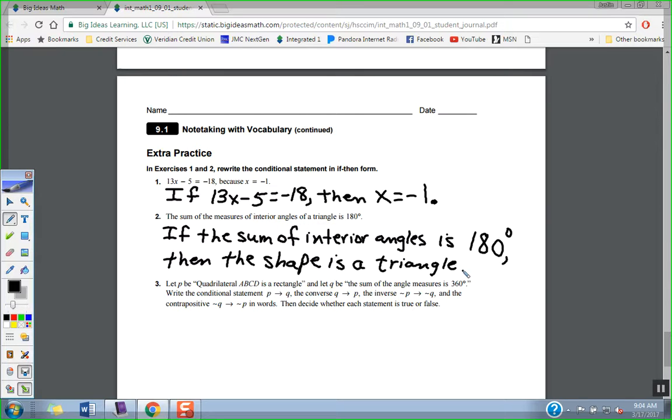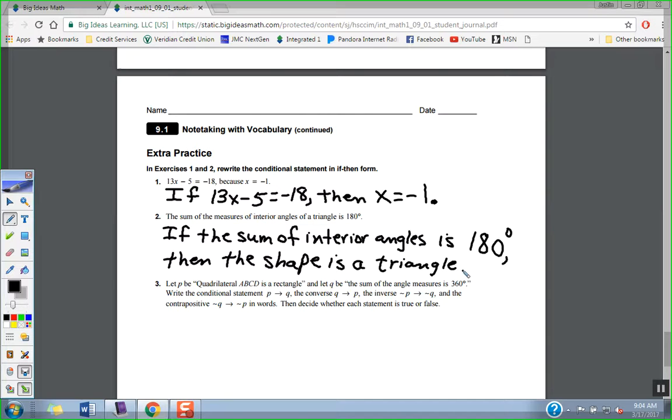I'd like to finish with statement 3, and then we're going to call it quits there for the day. Okay, let's talk about 3. It says let P be what, kids?